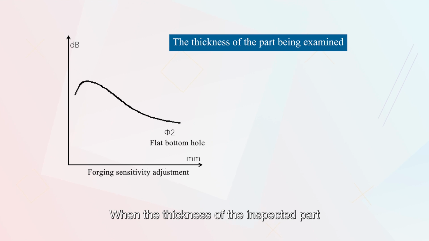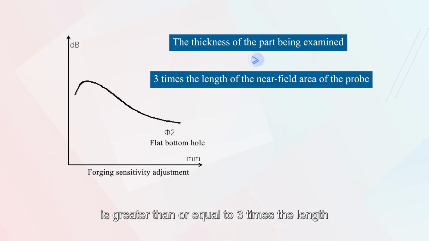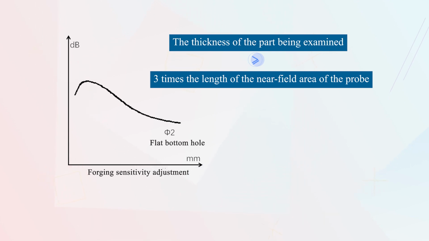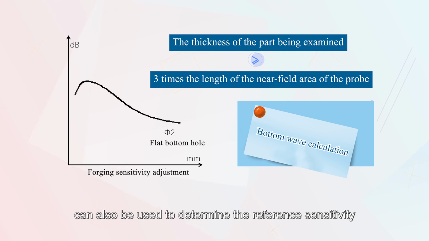When the thickness of the inspected part is greater than or equal to 3 times the length of the near field area of the probe, and the inspection surface is parallel to the bottom surface, the base wave calculation method can also be used to determine the reference sensitivity.